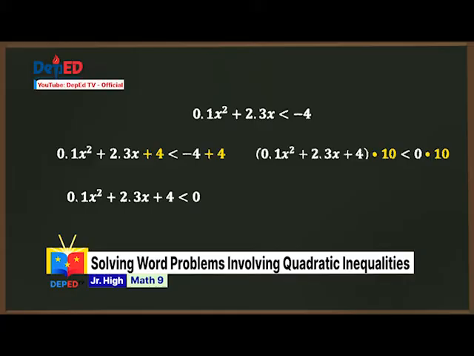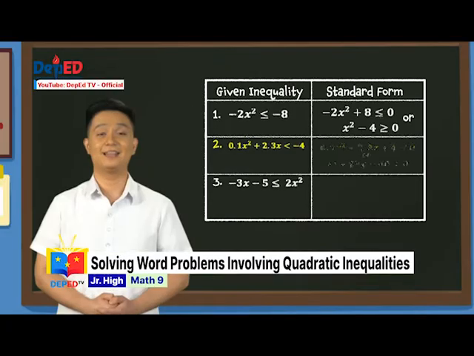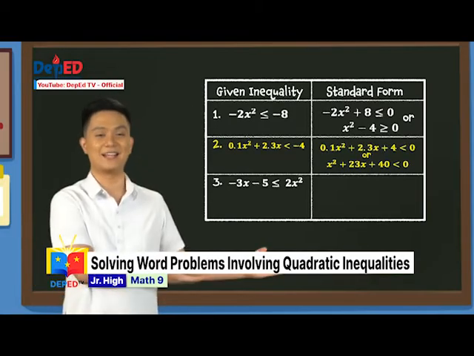The resulting inequality is x squared plus 23x plus 40 is less than 0. And you might have raised one strand of your eyebrow why the symbol has not been changed. There is no need to do this since we multiplied by a positive number. Let's record the results in the table.